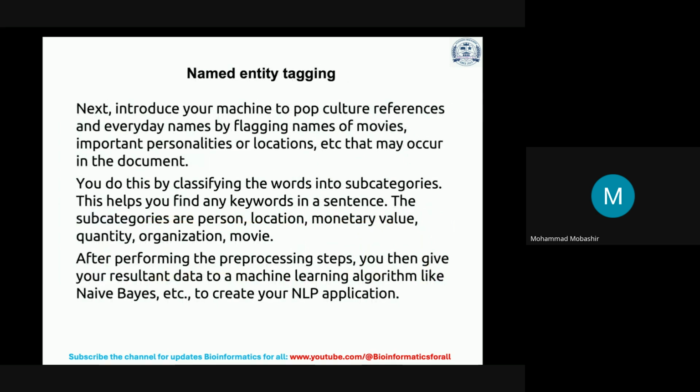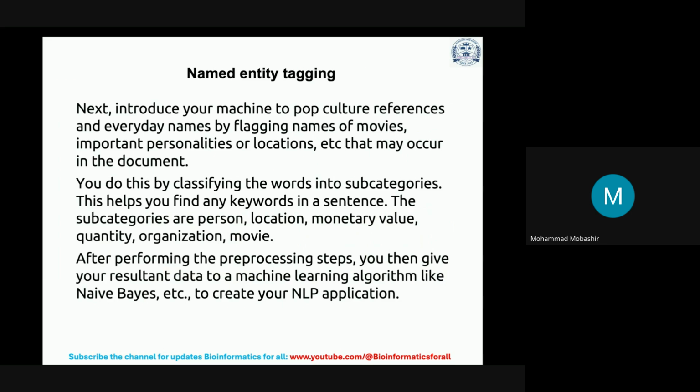Now, named entity tagging. Now you need to introduce your machine to pop culture references and everyday names, such as names of movies, important personalities, or locations, etc., depending on the goal. You do this by classifying the words into subcategories. This helps you find any keywords in a sentence.